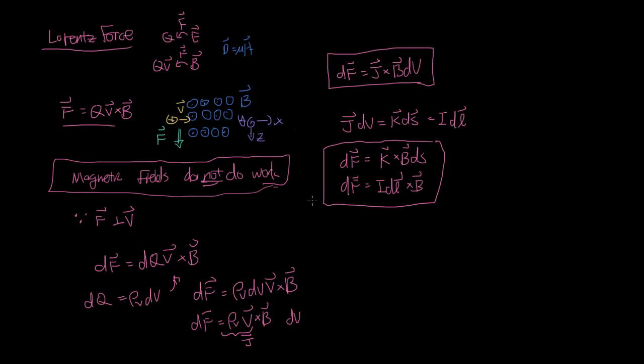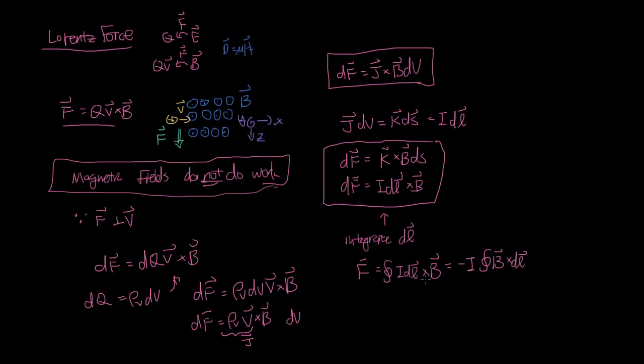And so if you take in particular the I dl part and do a line integral across the dl, you get the form that the force is going to be equal to the closed line integral of I dl cross B, which, since I is a constant, you can also rewrite as minus I closed line integral of B cross dl. And where did this negative sign come from?